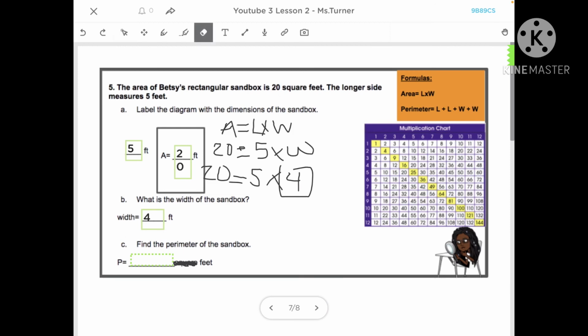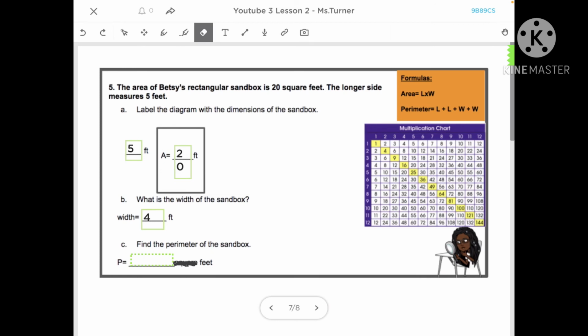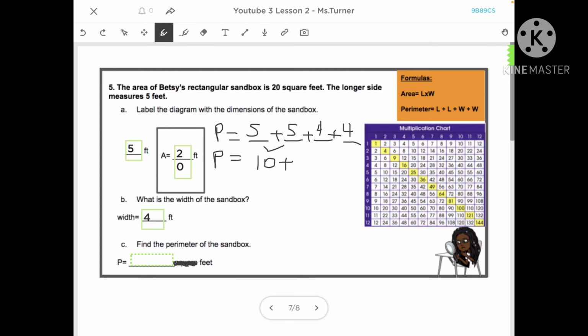Now that I figured out my width, I'm able to find my perimeter because I know my length and I know my width. Perimeter equals length plus width plus width. My width is 4 feet. My length is 5 feet. What's the formula that I would use to figure out my perimeter? Good. 5 plus 5 plus 4 plus 4. What's 5 plus 5? Good job, 10.